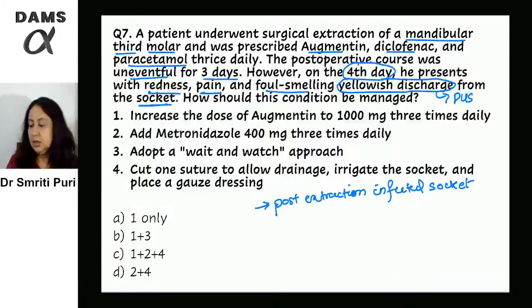Now let us discuss one by one. Increase the dose of Augmentin to 1000 milligram thrice daily. No, Augmentin is just taking care of the aerobic cover, so increasing Augmentin is not going to help. Option 2, metronidazole 400 milligram thrice daily.